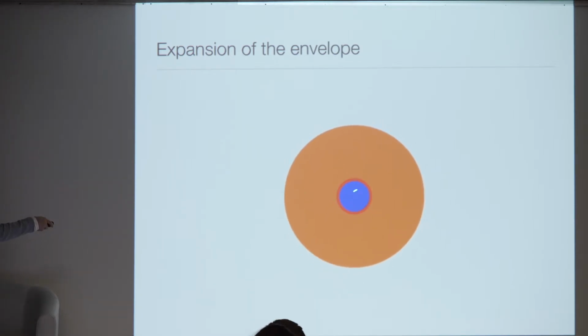But at some point, at the boundary between the helium core and the hydrogen-rich envelope, the temperature gets high enough that this interface will start to burn.